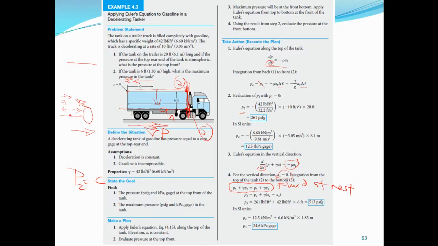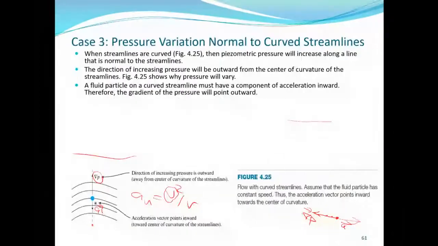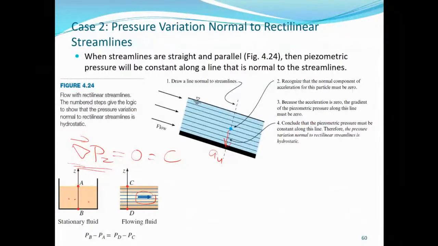Let me just take you slightly back to correlate. Here we said it is constant, isn't it? We mentioned the piezometric pressure is constant along the line, that is delta P. So to find it, we use the difference in pressure now, PC and PD.